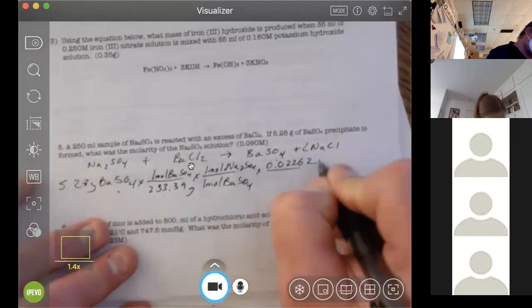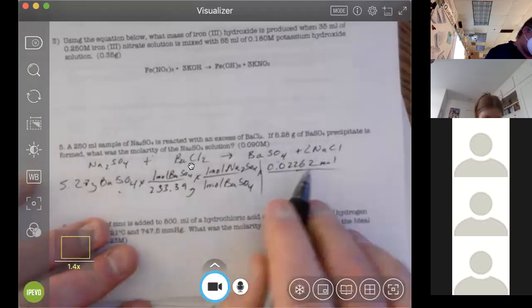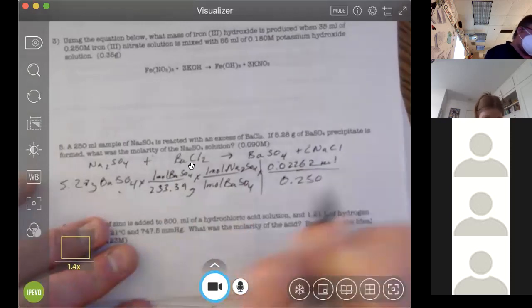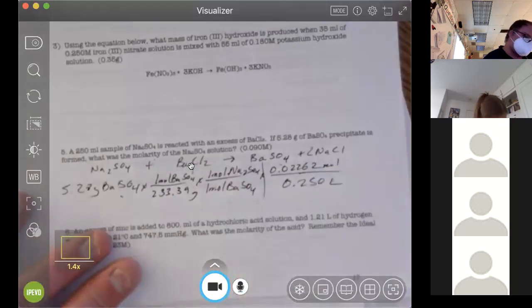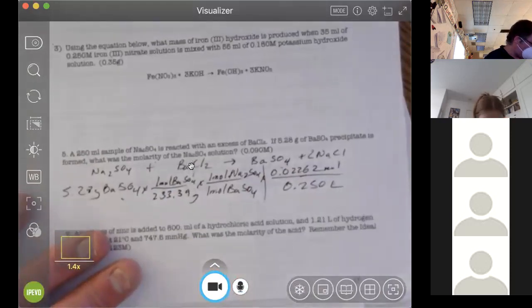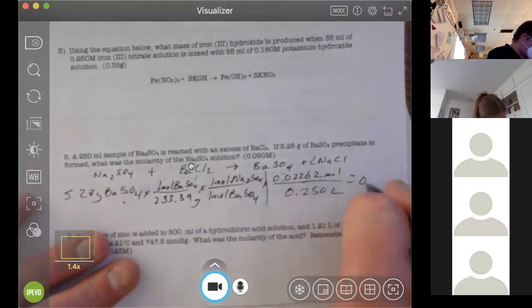That's moles. And then I'm just going to take those moles and divide by liters: 0.022623 divided by 0.250 is about 0.09049.